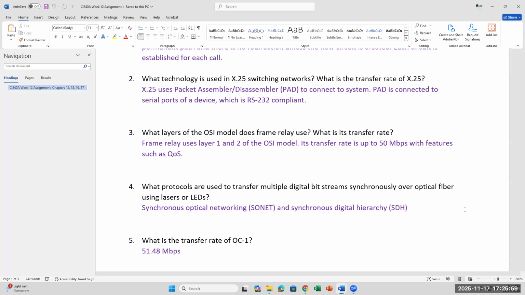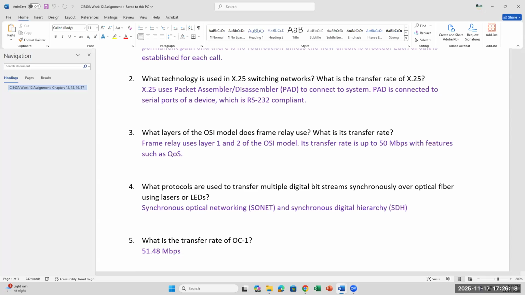So when we say the term synchronous, it means that it's together, okay? When you have asynchronous, you might have a different format, meaning that you might send and receive at different times. So synchronous just means that the signals are going to be together.